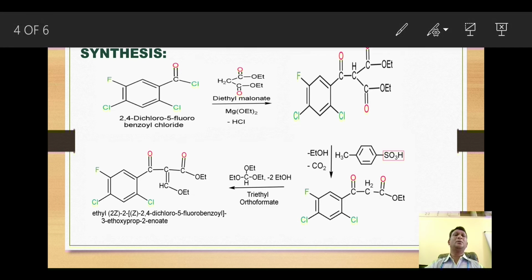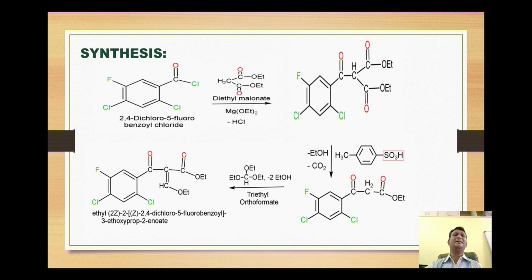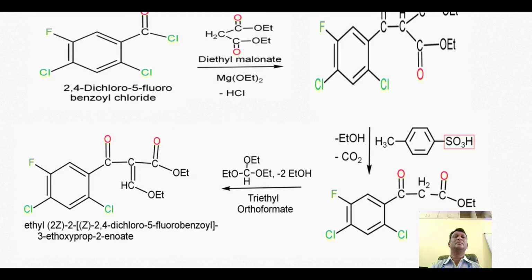Now this compound is then reacted with a very important compound. This compound is called as triethyl orthoformate. It consists of 3 ethoxy groups over here.